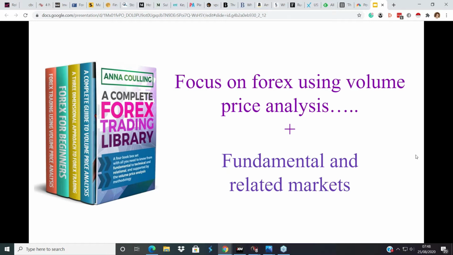Since the book's gone up onto Amazon, I see more and more comments and analysis on specialist sites that now talk about related markets in terms of what they're telling us about sentiment, and then tying that to the moves in individual currencies and currency pairs.